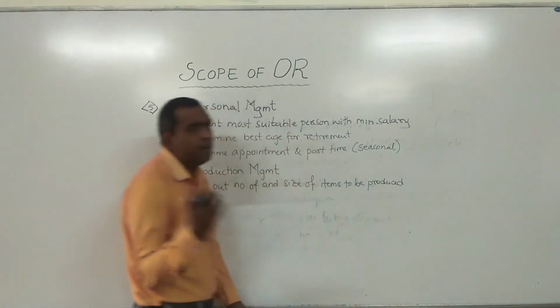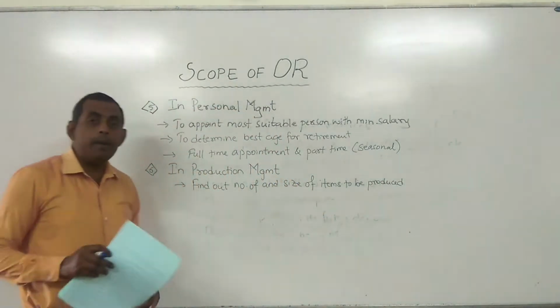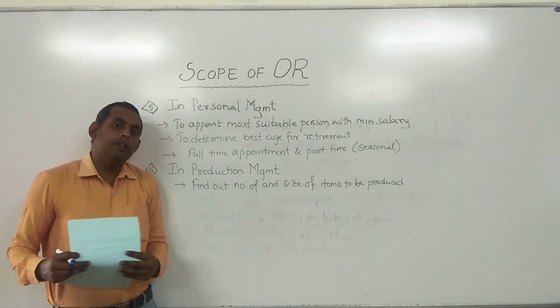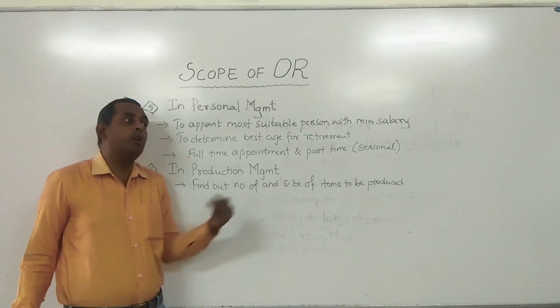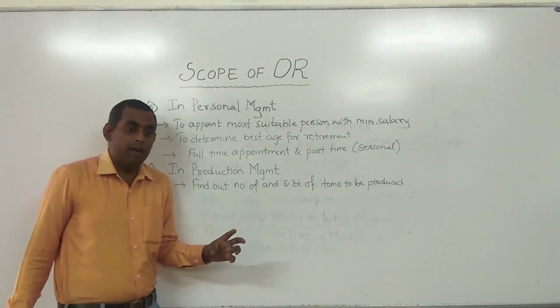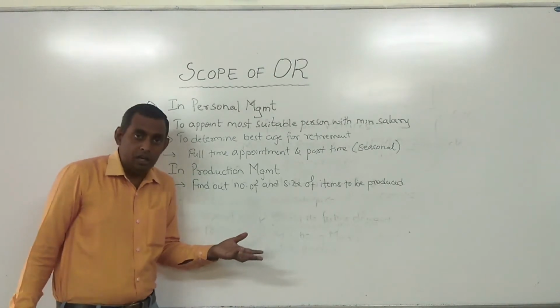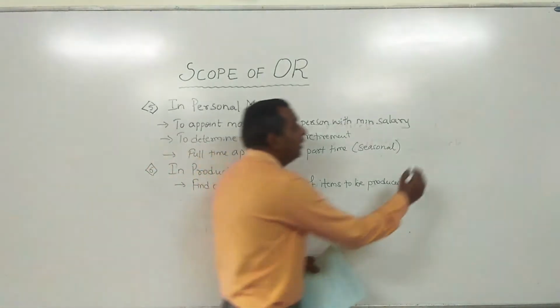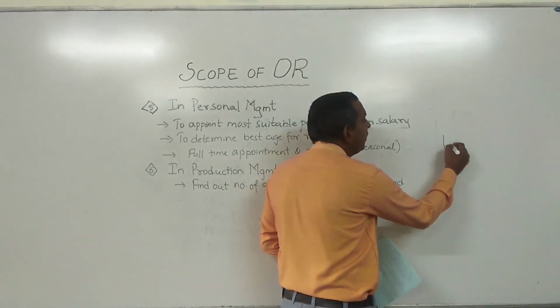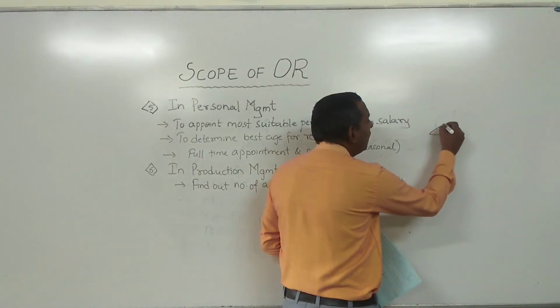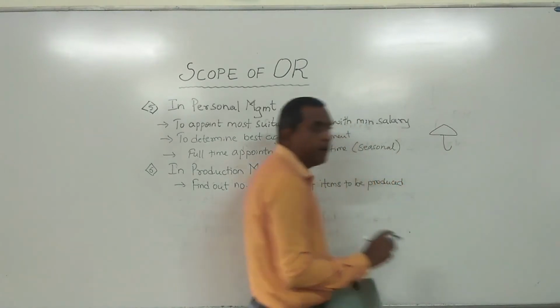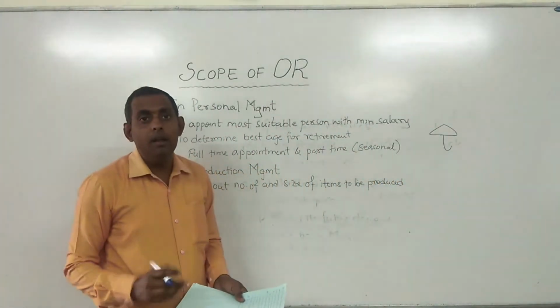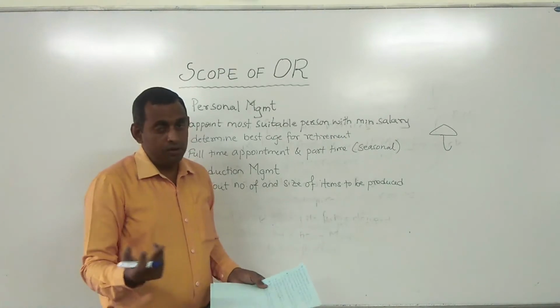So again I will take the example of umbrella. What type of umbrella are we supposed to produce? Whether we are supposed to concentrate on more umbrellas that ladies use, or gents use, like this type of shape, or foldable umbrellas, button-start umbrellas.